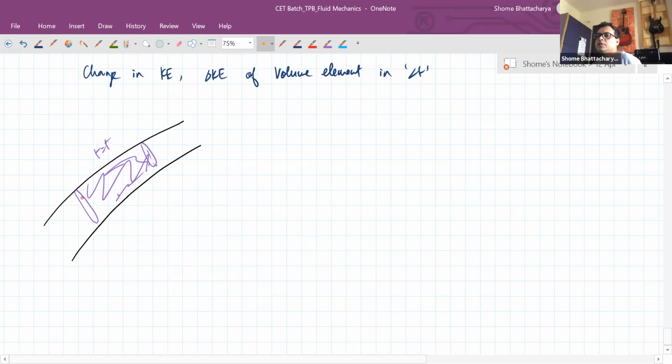Yeah, so I'll have to draw it here only. So if you compare how this volume element has changed its position and therefore its velocity profile.